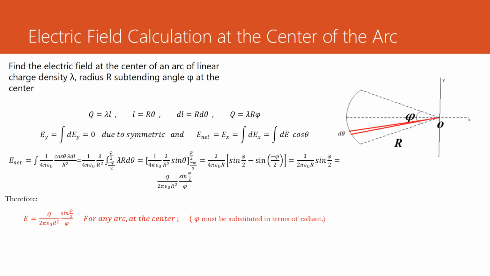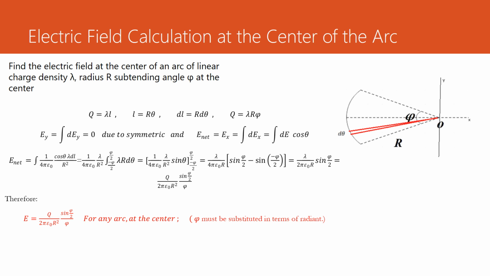Therefore dE, as we know, is k dq over r squared multiplied by cosine theta. dq itself is lambda dl. R is the distance from the point where you want to consider the electric field to the point of the element, your small dq.